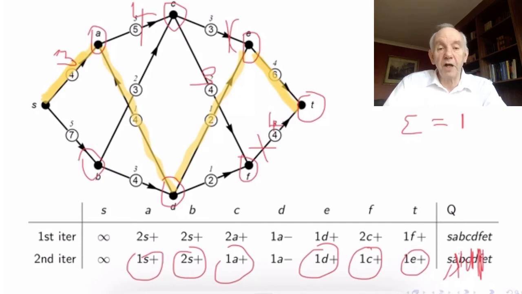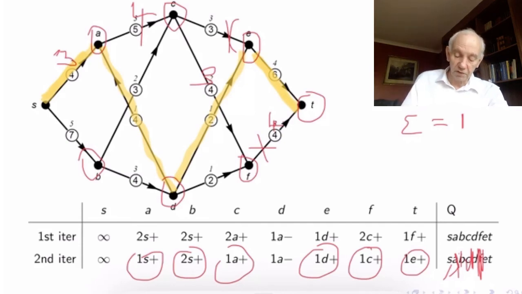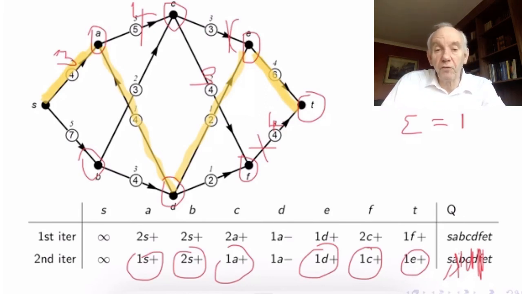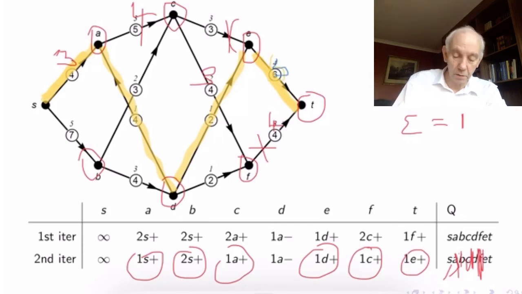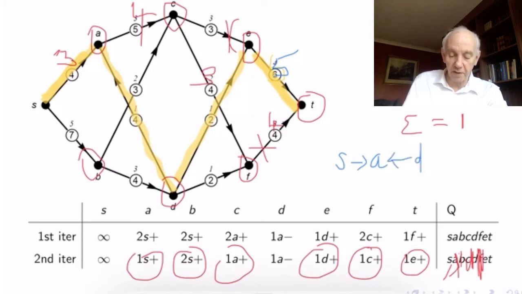Let's update the flow numbers first of all. So with this second iteration, the flow numbers, what are they? The 4 becomes a 5. The 1 here, what have we done? We've reduced it to 0 because this is a backwards edge. You see the winning path, so to speak, started at S, it went to A, it came back from D. The arrow's going like this.